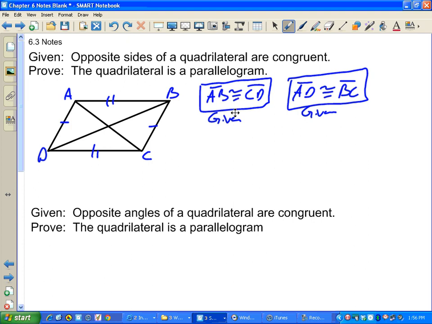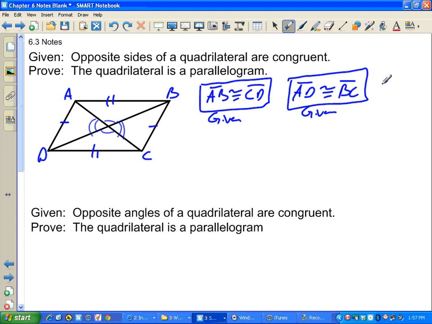Well, these are congruent. Let's see. I'm also going to have some vertical angles. Okay, so I can do that.